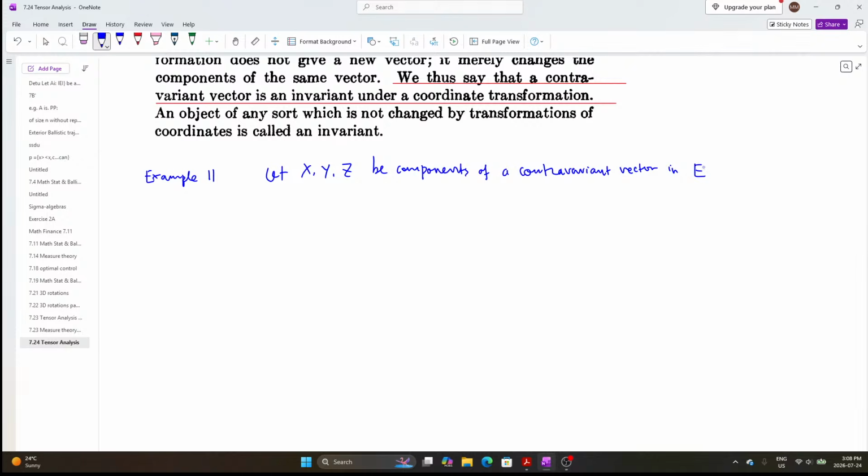Let's just call it V3, as previously we used the notation V3. And these are components for an orthogonal coordinate system. I'll draw a picture for that.